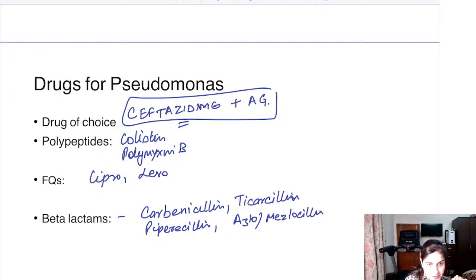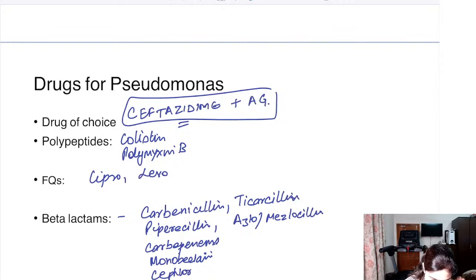These can be used. We can use carbapenems also. Monobactams can also be used. And we have the cephalosporins we've already discussed.